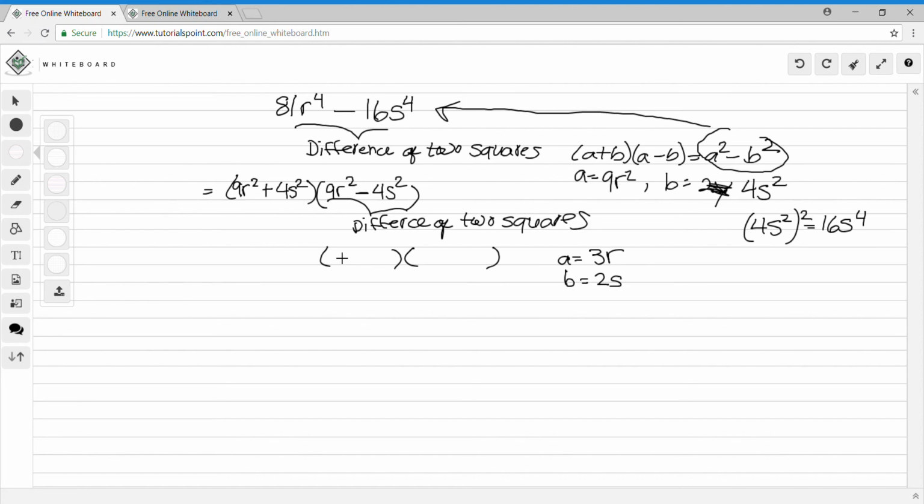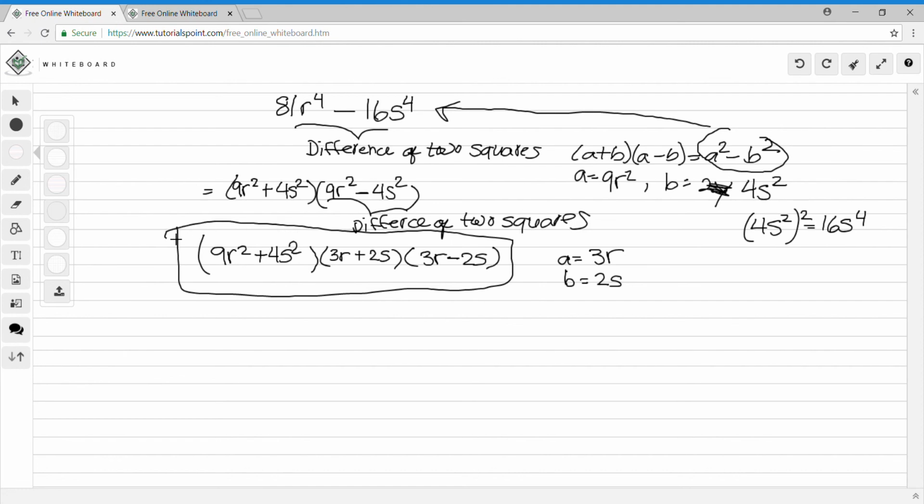So 3r plus 2s, and then 3r minus 2s. And then don't forget about this, right? 9r squared plus 4s squared. Yep, that is your final answer, because it can't be factored even more.